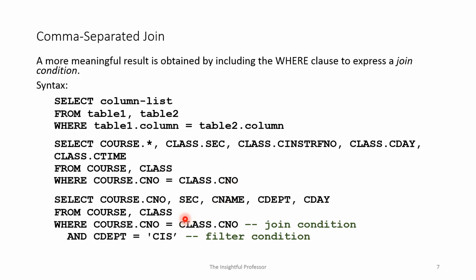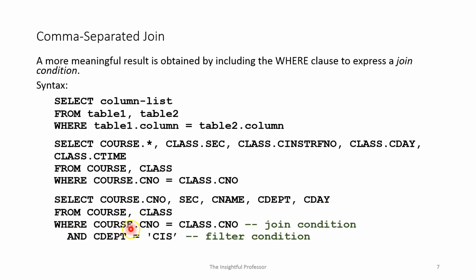The variation on this shown at the bottom of the slide says we're going to express the join condition, how to relate the tables, and then also add another condition that does not have anything to do directly with how the join is performed, but will get rid of extra or unwanted rows. This is referred to as a filter condition.